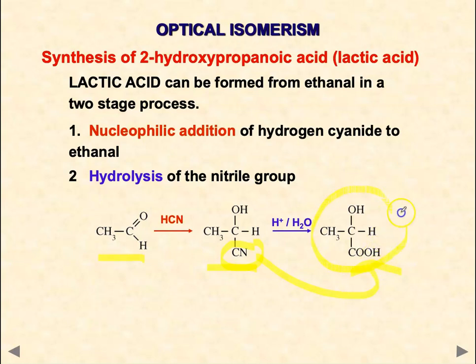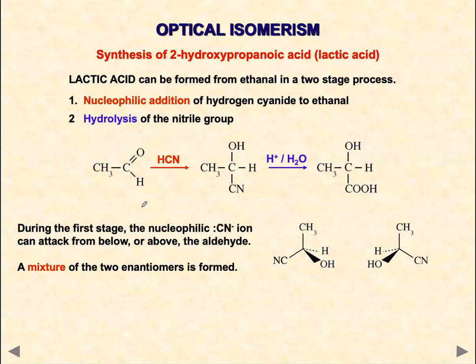The molecule formed here is optically inactive, and the two enantiomers are present in a racemic mixture because it is being made from 2-hydroxypropane nitrile, as it is made from ethanal. So in the whole process, we're producing optically inactive compounds. So this is why lactic acid made in this process is optically inactive.